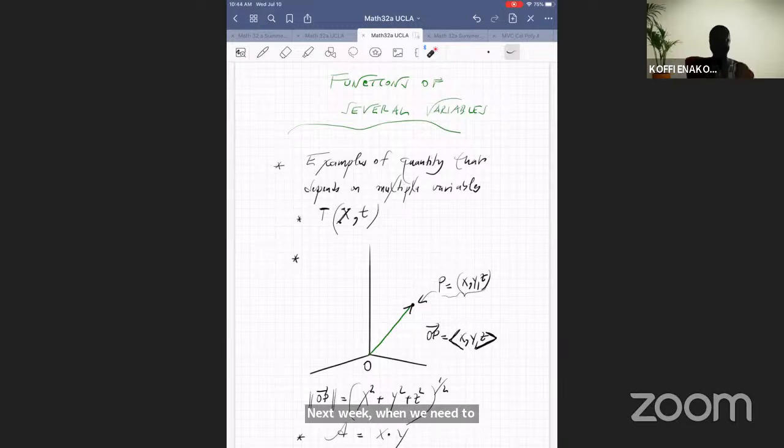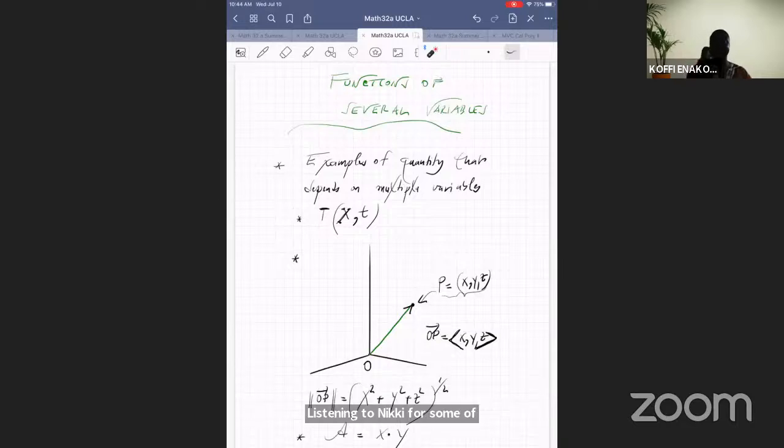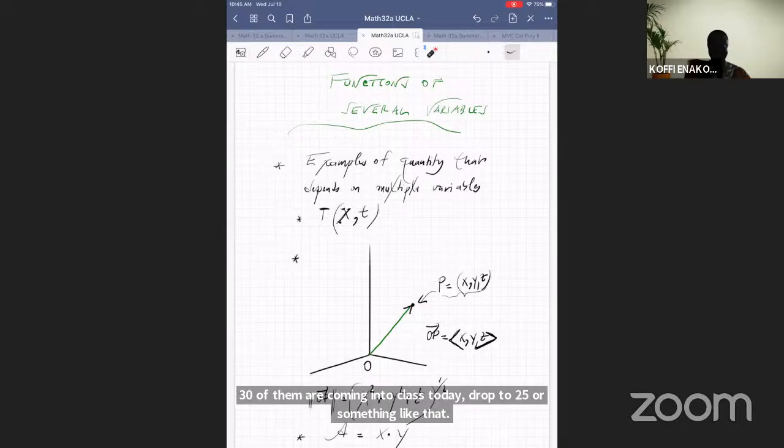Listen to me carefully for some of the recommendations that I have. I have 78 students on my roster, okay? I noticed that about 30 of them are coming into class. Today it dropped to 25 or something like that. I'm saying to those students that they are not serious.